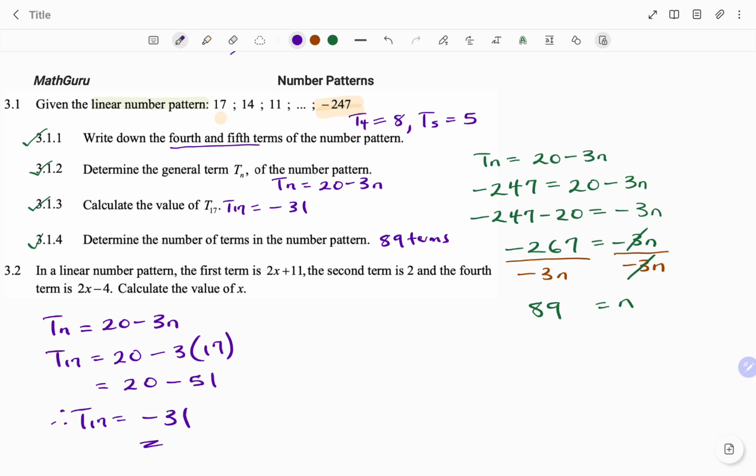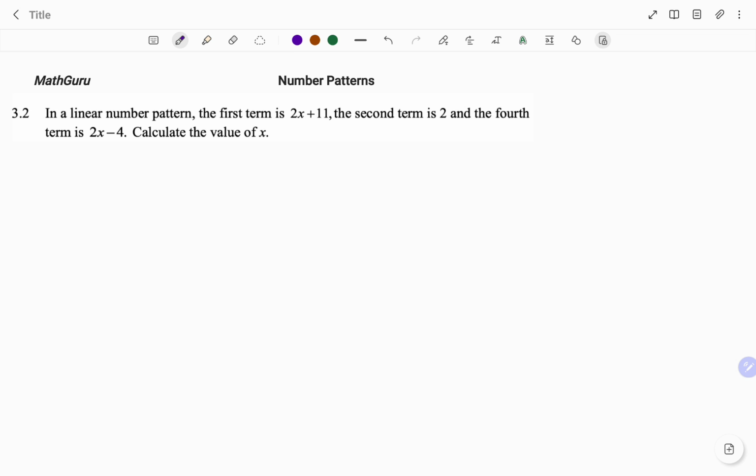Going to the last part of the question, I have a different set of number patterns, so I'm going to write that out. It says, in a linear number pattern, so we've been told it's a linear or arithmetic pattern or progression, the first term is 2x plus 11, so I have t1 is 2x plus 11.